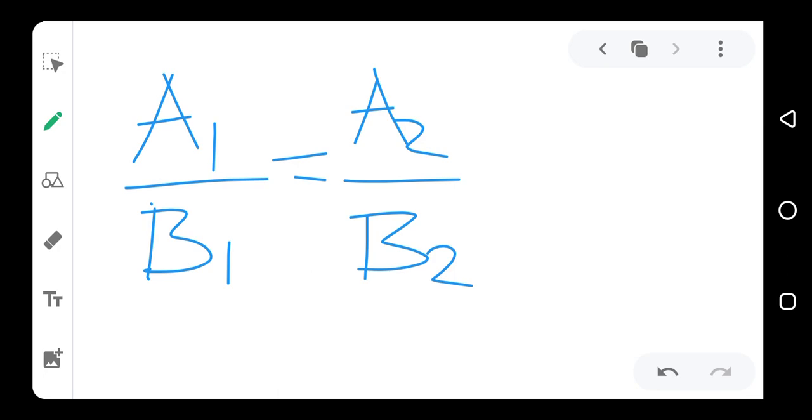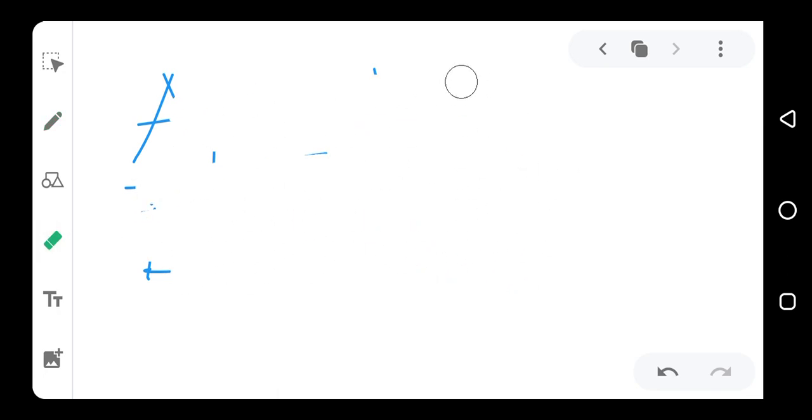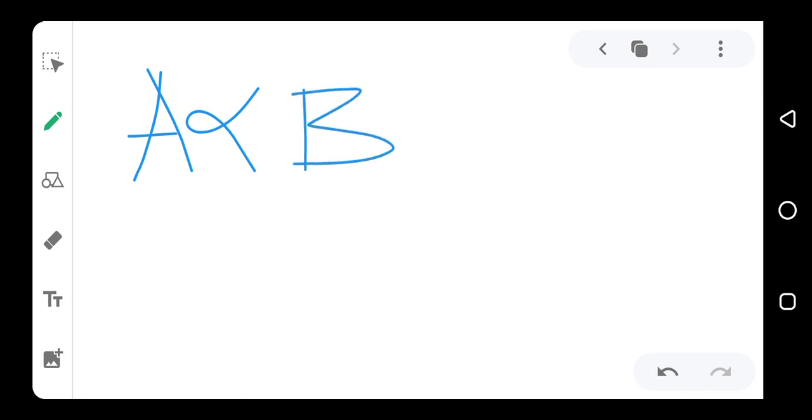Now, first of all, before we write this, we have to state that A varies directly as B, and that A is equal to KB.